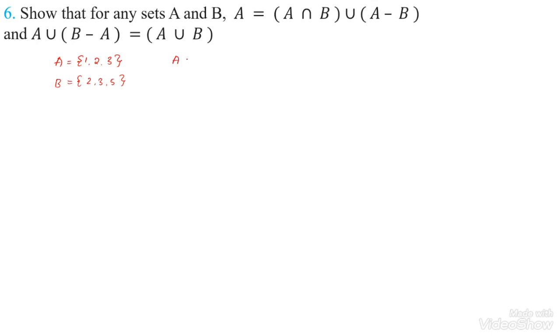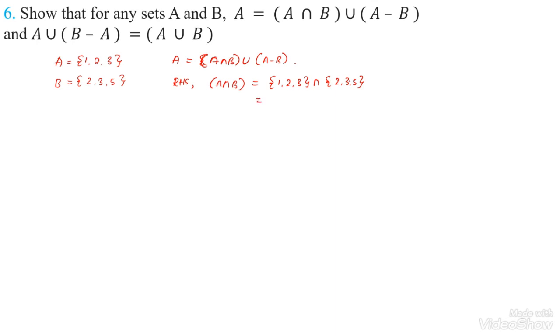Okay. Now I will take the first statement. Set A is equal to A intersection B union A minus B. I will consider the RHS part here. First, I want to check A intersection B. A set containing the elements 1, 2, 3, and B set containing the elements 2, 3, 5.